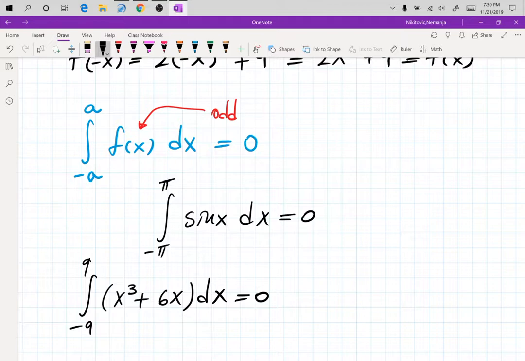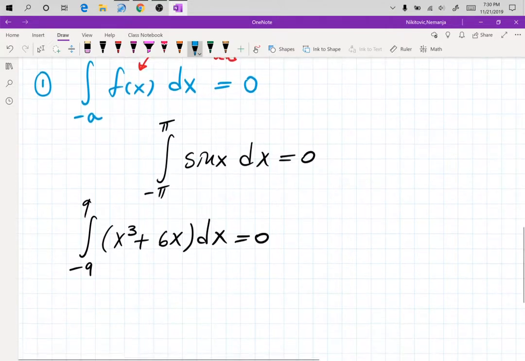No calculating. Now, you can go and compute and verify all of this, but we have a theorem up there which states that rule. So if you have an odd function on a symmetric interval, the answer for that integral is 0.